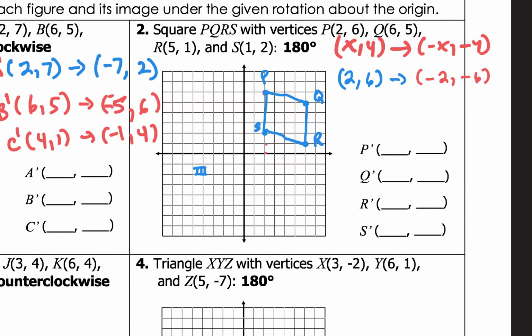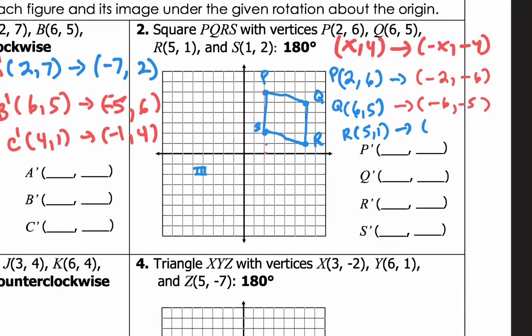If we have the next ordered pair, which is 6, 5, and we do a rotation of 180 degrees, it's going to be negative 6, negative 5. And then, of course, the first one was P, the second one was Q, the next one is R, and R is going to be 5, 1.